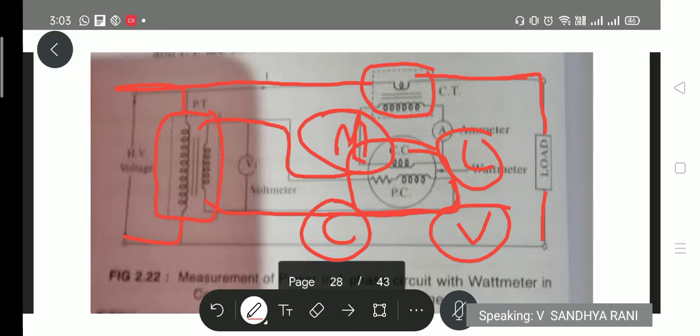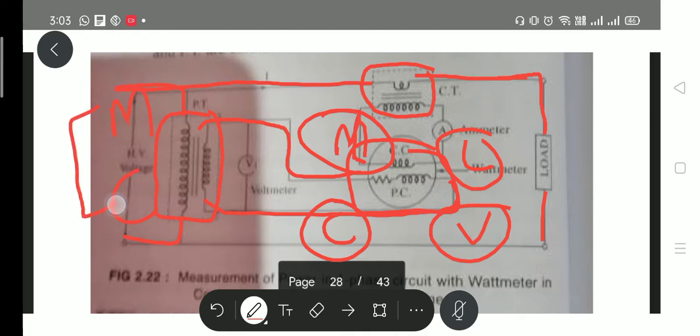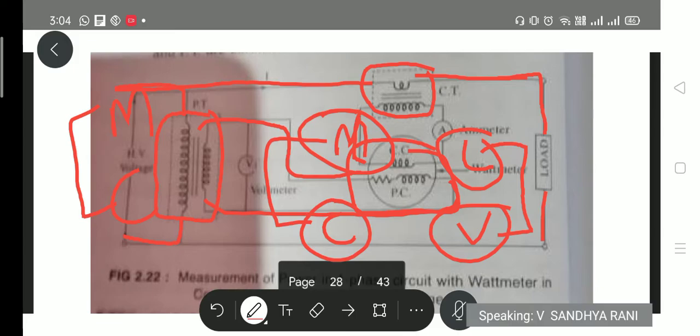Here we have connected, MC is always shorted in the wattmeter. Why are we shorting only MC? Why are we not connecting LV short? Anyone?